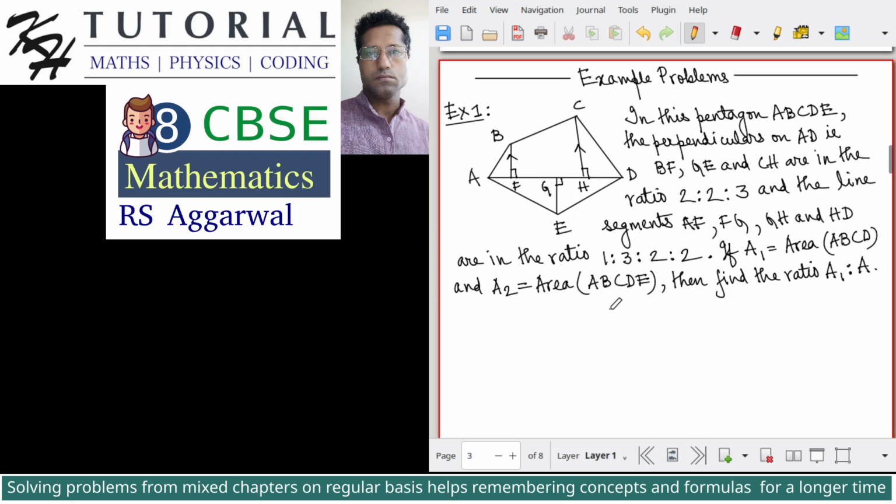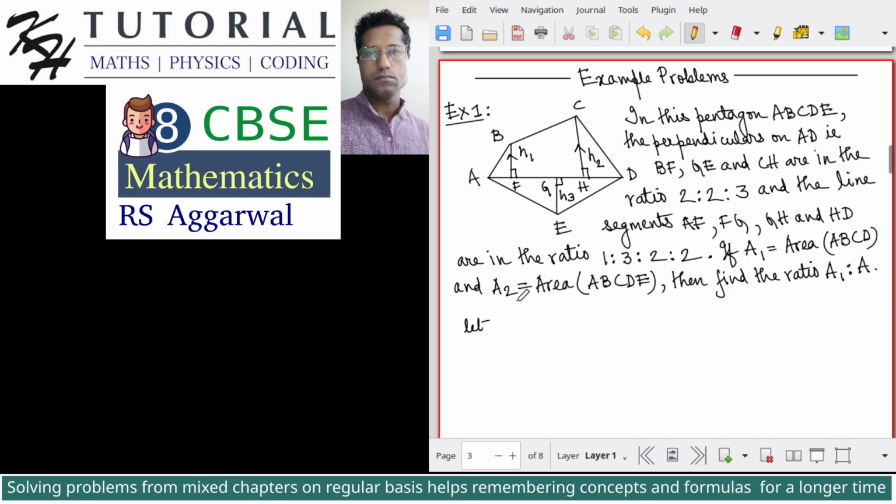Okay, now since the ratio of all the perpendiculars are given, let's say the length of the perpendicular BF be H1, CH be H2 and GE be H3. We have three perpendiculars, just to refer to the length of the perpendiculars.